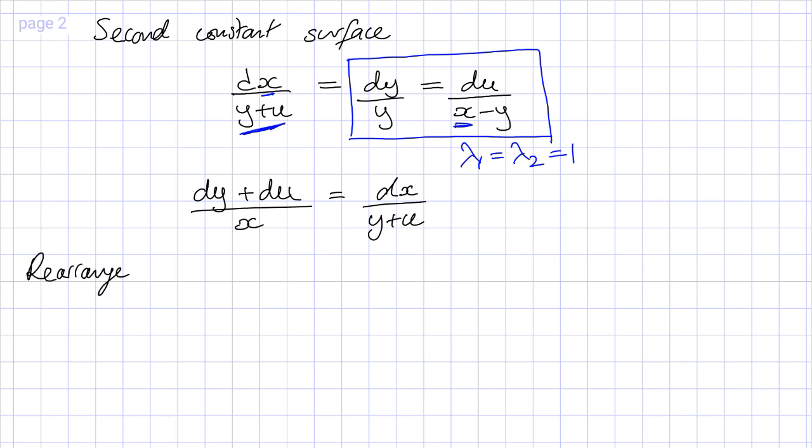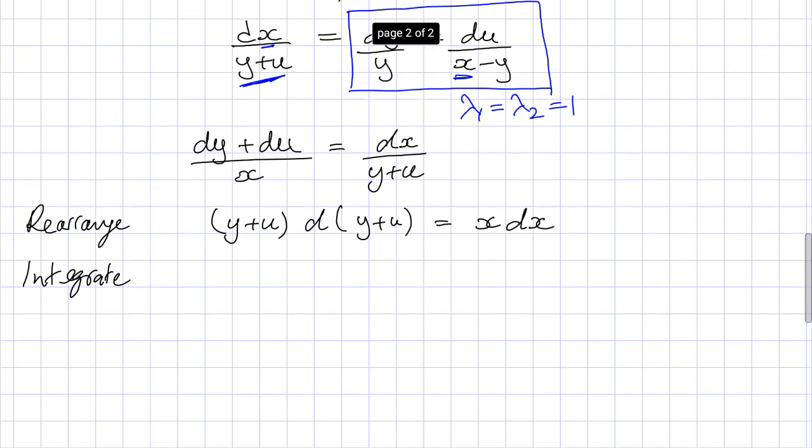Once we've seen how to combine the fractions, the work is done essentially. So we can rearrange this as y plus u times d of y plus u is equal to x dx. This we can integrate, so exactly the same story as before. So I've got y plus u all squared equals x squared plus c2. And again, I've gone through with a half there.